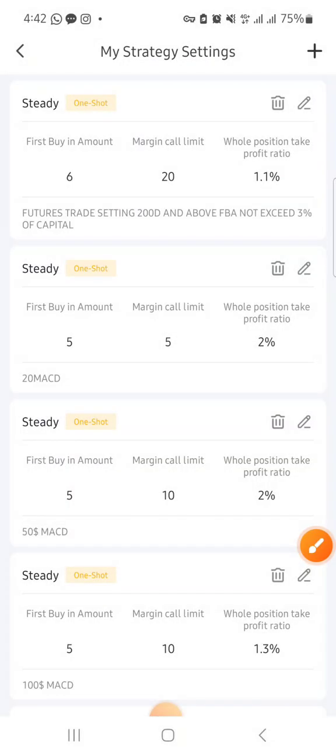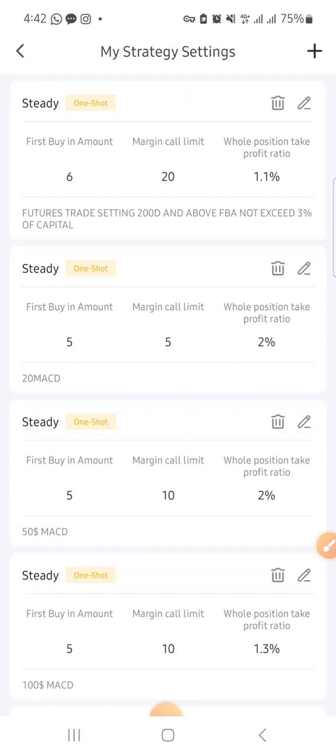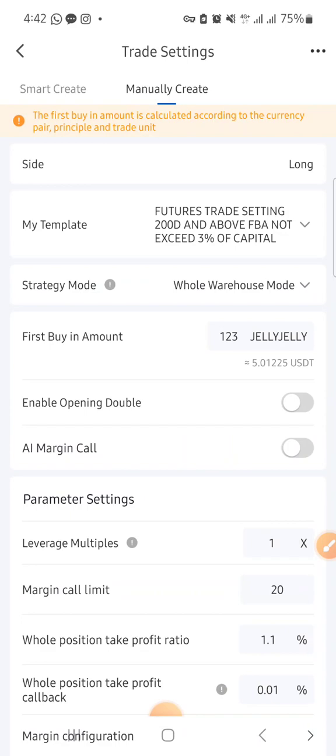You can see that I have a whole lot of settings for this one. Your futures setting is the one you will take. Like if I say, okay, I want to use this one for $200. This is the setting I have for $200. You can see Futures trade setting, $200 and above.